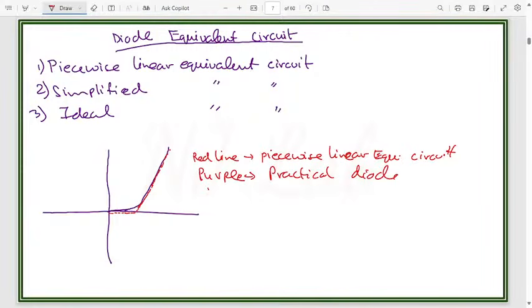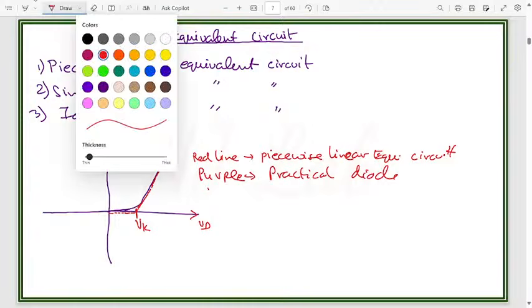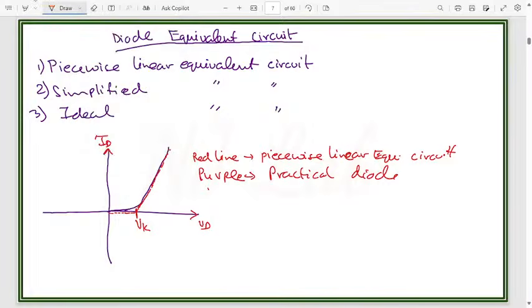Now what is it showing? Over here we know that it is the knee voltage, right? This is VD, this is ID. So what approximation have we done in this piecewise linear equivalent circuit? The approximation is that for voltage before VK, VD less than VK, in the practical diode the current is not exactly equal to zero.